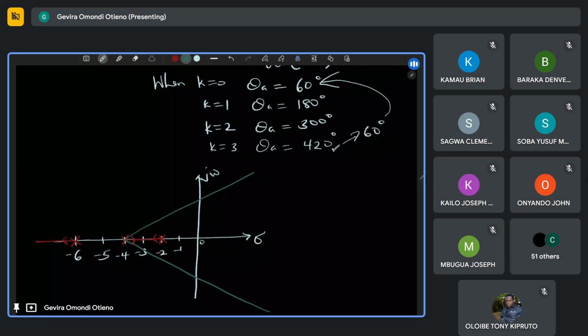So this tells me one thing. Number one, it tells me that because I have 3 poles, I can already see that the pole at -6, when K is 1, we have 180 degrees. So it means that the pole at -6, being on the real axis already, will terminate at a 0 that is also on the real axis, but at an infinite location.